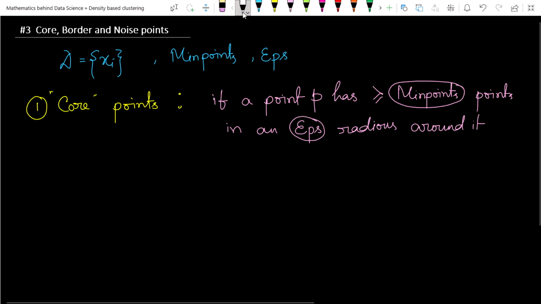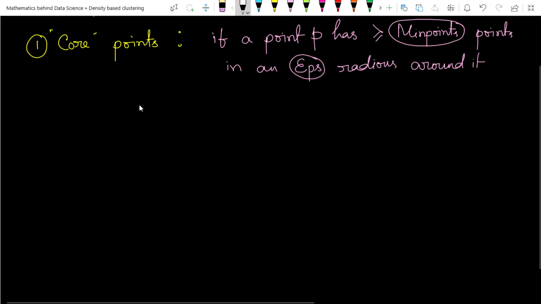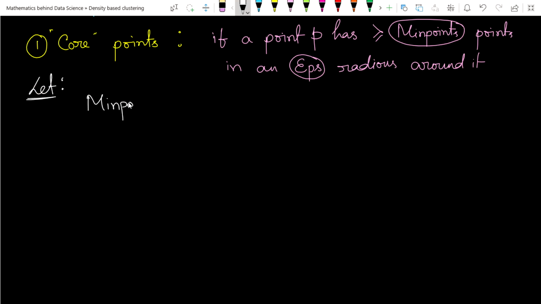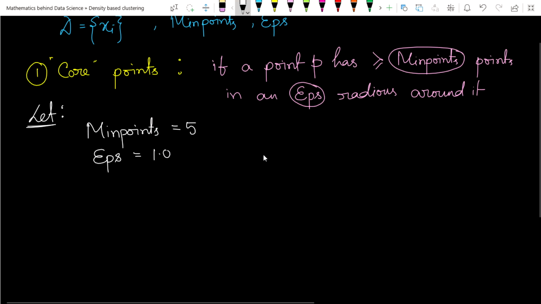Now let's try to understand this through a picture. First, let's define the min points: min points is equal to 5, and epsilon is equal to 1.0 in this example.